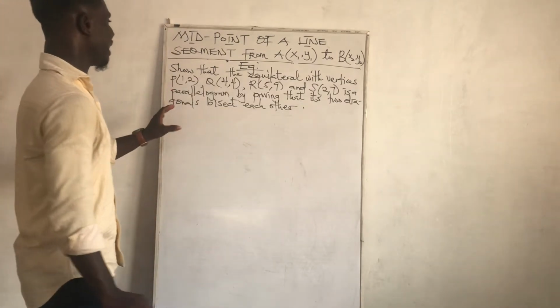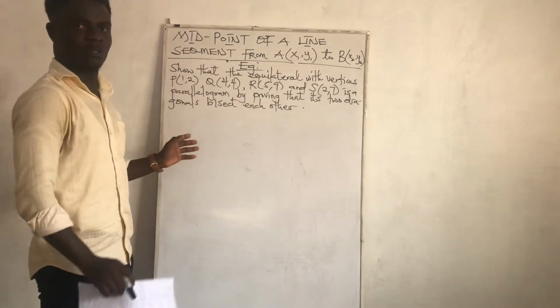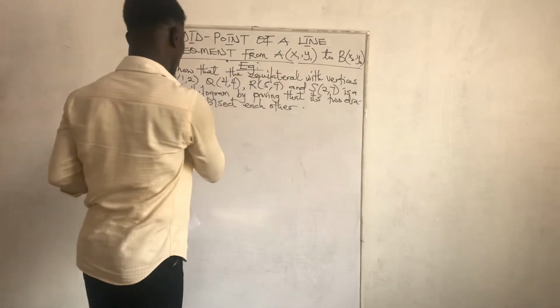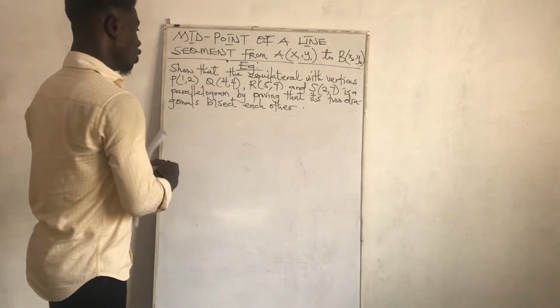So you are showing that this is a parallelogram by proving. If you want to show that this is a parallelogram, you have to prove that the diagonals bisect each other.